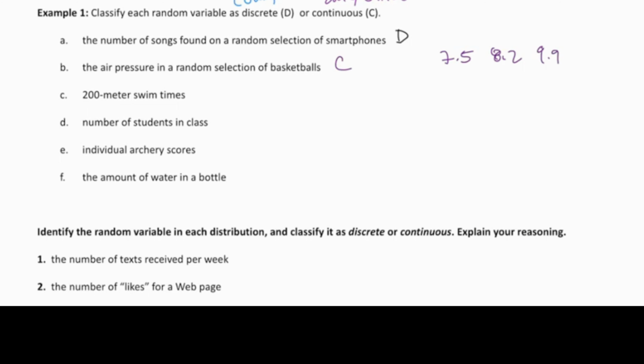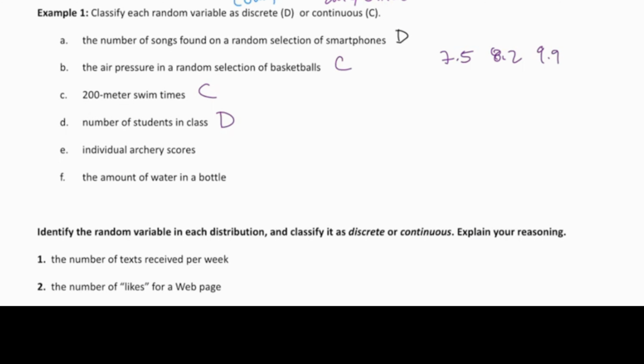All right, if you're a swimmer, you're measuring your time, so someone can be going fast, someone can go slow, just like the Olympics we just saw, so continuous. The number of students in class, well, although they can take any value, I'm actually counting them, so that would be discrete. Individual archery scores, same thing. I don't know what the numbers are. They score 5,000, maybe 5,002.